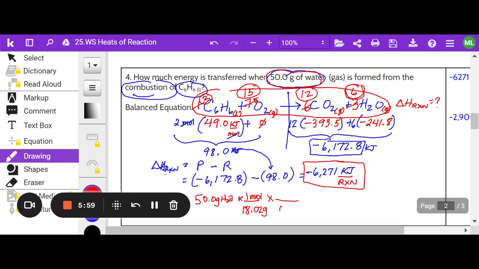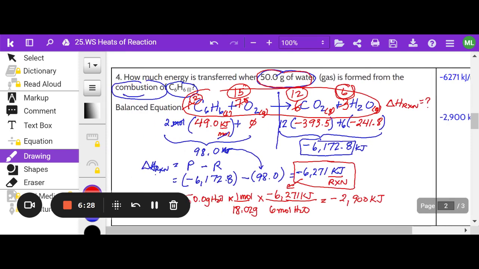Okay, that means for every 6 moles of water, this much energy is evolved, negative 6,271 kilojoules. Okay. And so when you do that math, you're going to get the answer negative 2,900 kilojoules evolved. Okay, and that's how you do it.